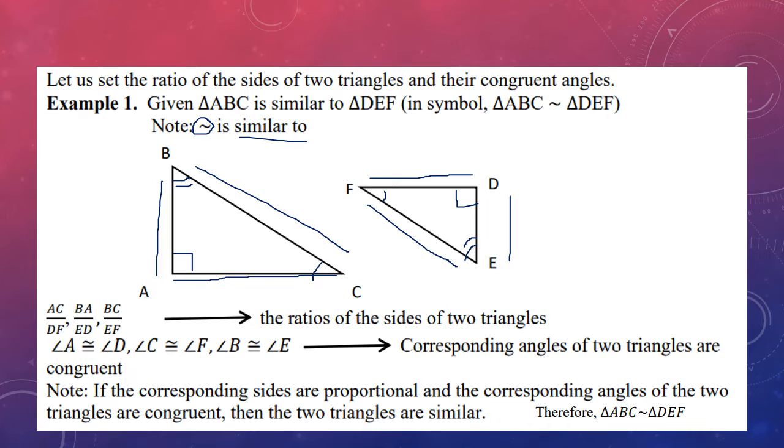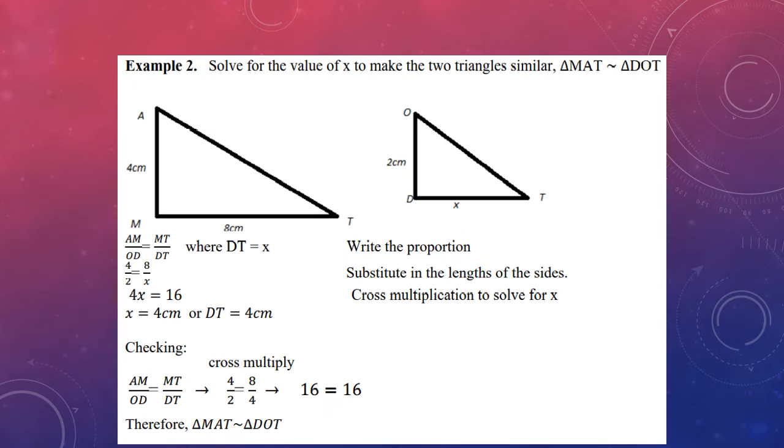Okay, so let's have example 2. Solve for the value of x to make the two triangles similar. So we have MAT and DOT, and they are similar. If you're going to read this, triangle MAT is similar to triangle DOT. As you can see, the first triangle, MAT, is bigger than DOT.